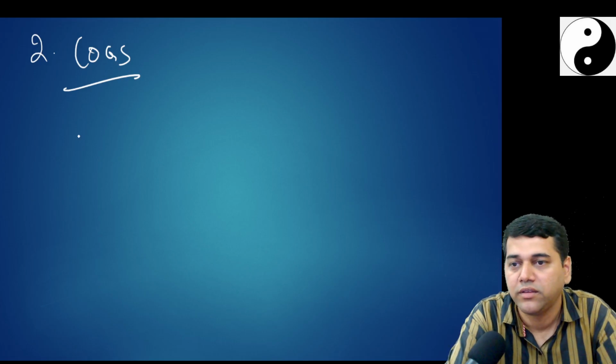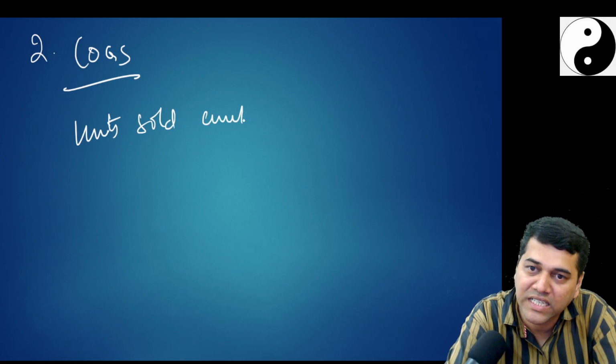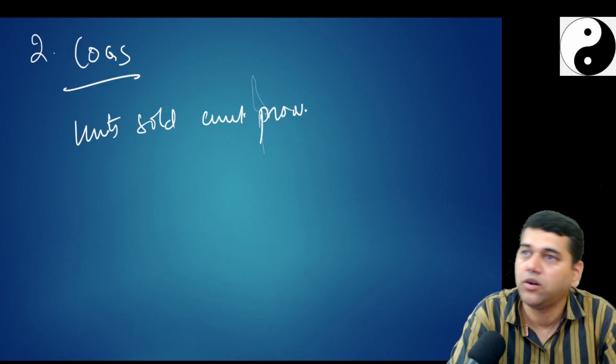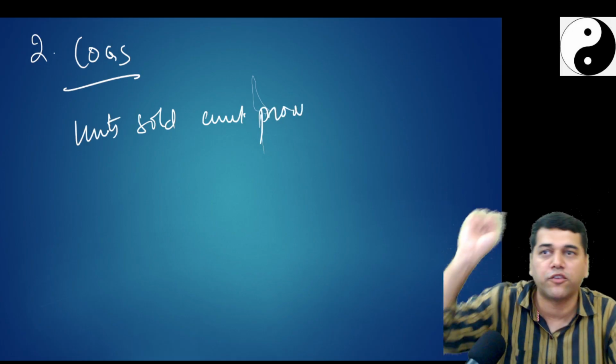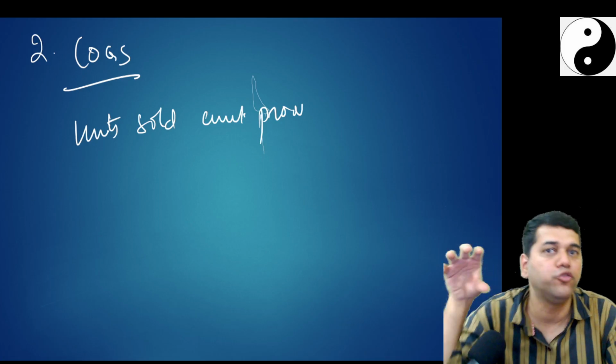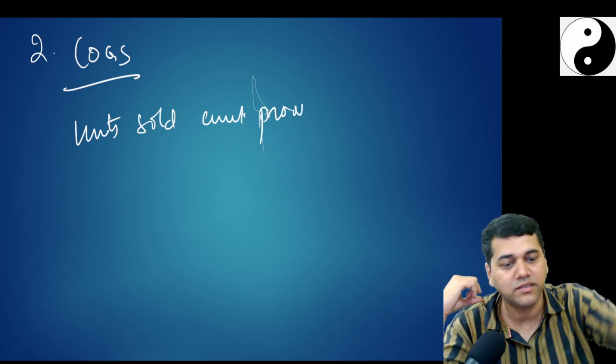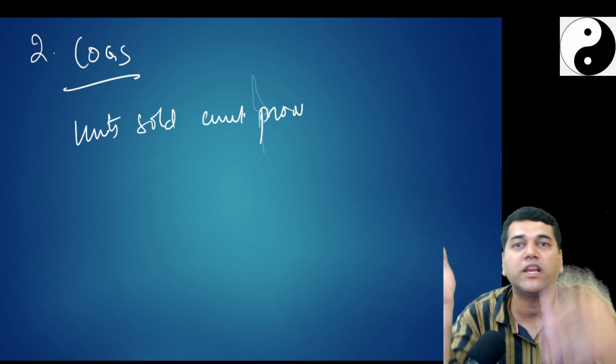See now, first of all, how many units were sold out of current production? Because if you follow the FIFO method, all opening stock is already part of COGS. Since you followed the FIFO method, the closing inventory is coming from the current year production, which you calculated at 0.6.